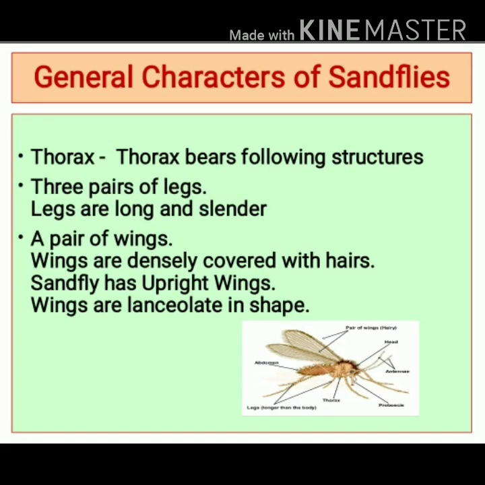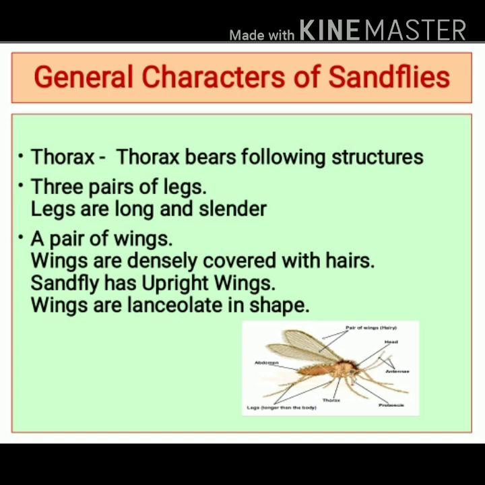Thorax of sandfly shows presence of three pairs of legs. Legs of sandfly are long and slender. Sandfly also possesses a pair of wings. Wings of sandfly are lanceolate in shape.